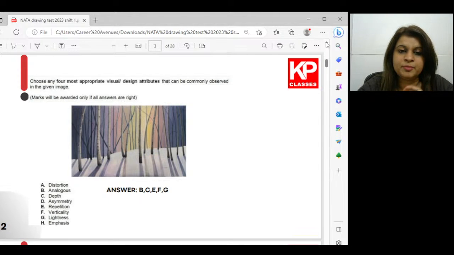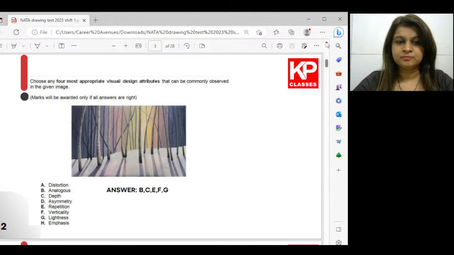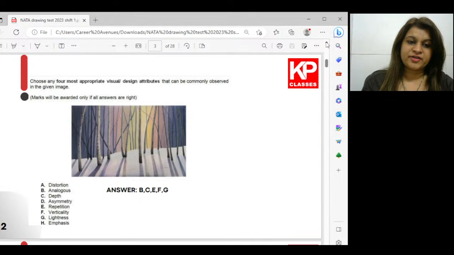So when you pick colors which are consecutive to each other in the color wheel, they form the analogous color scheme. We'll see what the color wheel is in our presentation, in the following few questions, where we will also see an example of the color wheel. So here we are talking about the color scheme which is analogous.